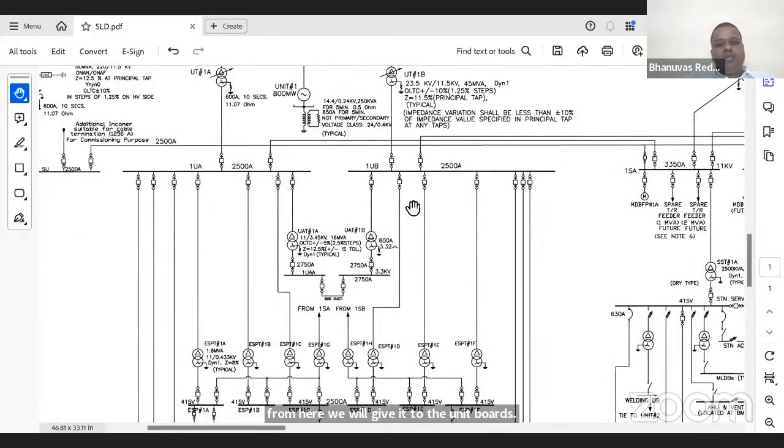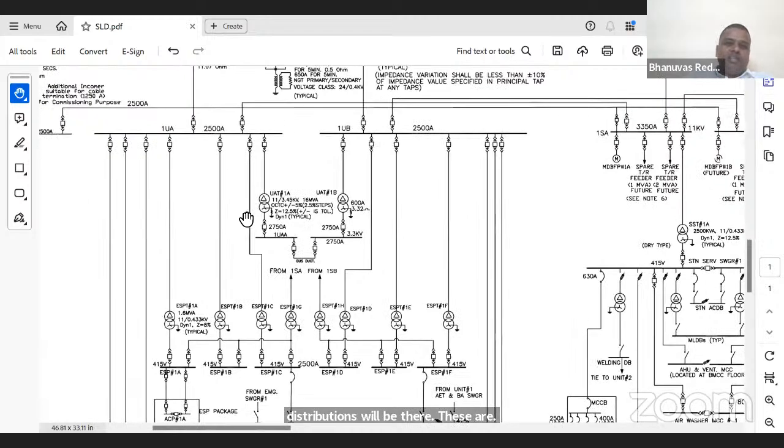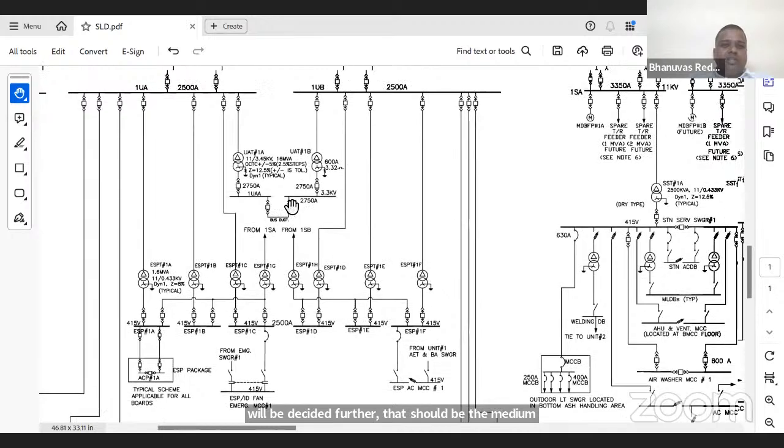These are all 11 kV boards. From here further distributions will be there. Depending on our auxiliaries' rating, the switchgears will be decided. Further, that should be stepped down to a medium voltage system, or directly to the LT switchgear, LT system.